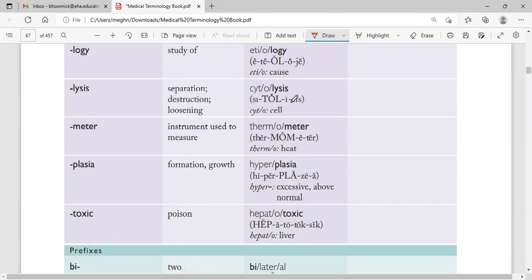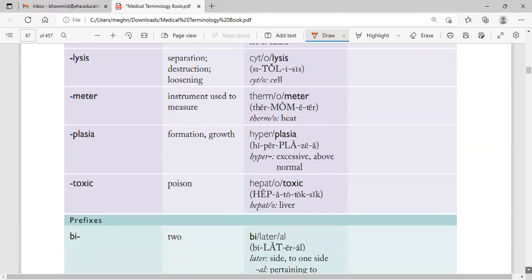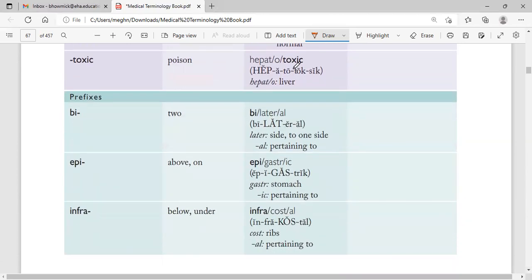Cytolysis: separation, destruction, and loosening. Then thermometer, an instrument used for measurement. Hyperplasia means formation or growth, -plasia, right? Hyper means excessive or above normal. Then hepatotoxic, liver toxicity, poison, toxic substance.